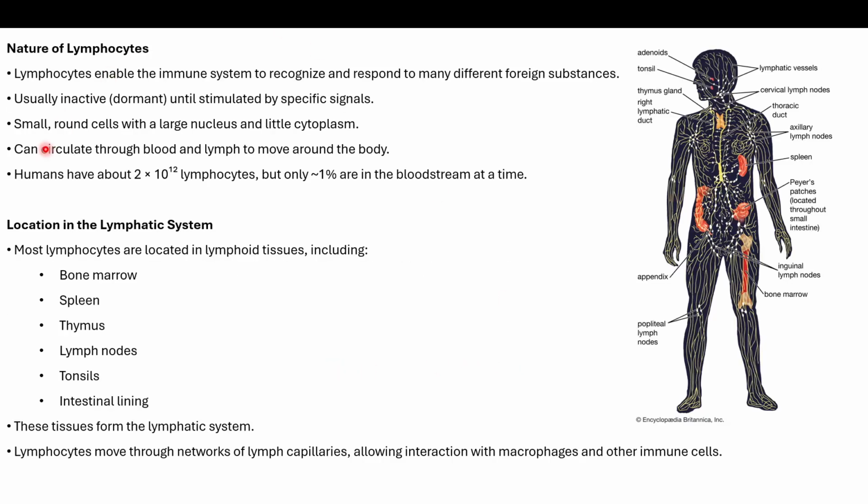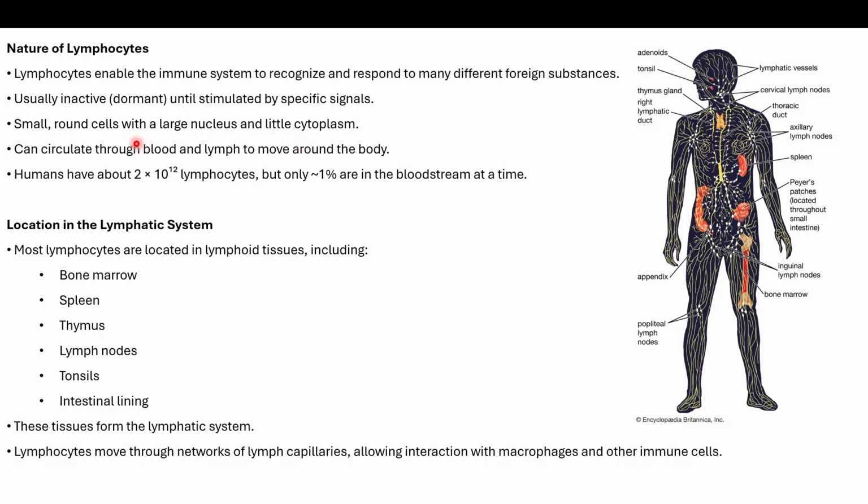Now, if we talk about lymphocytes, these enable the immune system to recognize and respond to different kinds of foreign substances. They exist in an inactive and dormant form unless they get stimulated by specific signals. These are really small round cells with a really large nucleus and a little amount of cytoplasm inside.